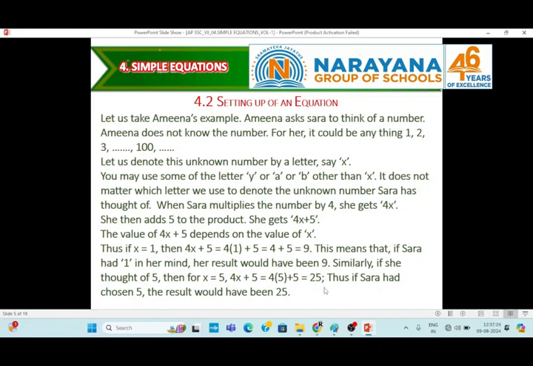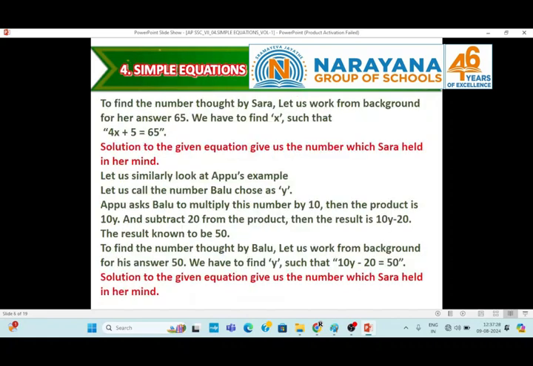Thus, if Sarah had chosen 5 in her mind, the result would have been 25. So, to find the number thought by Sarah, let us work backward from her answer 65. We have to find x such that 4x plus 5 is equal to 65. So, the solution to the given equation gives us the number which Sarah held in her mind.